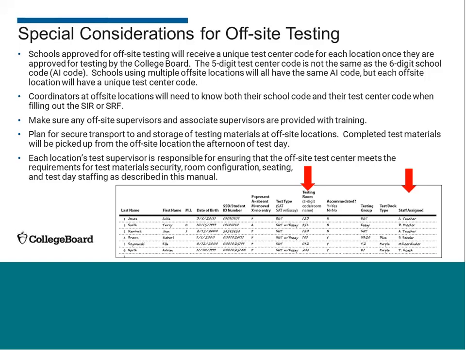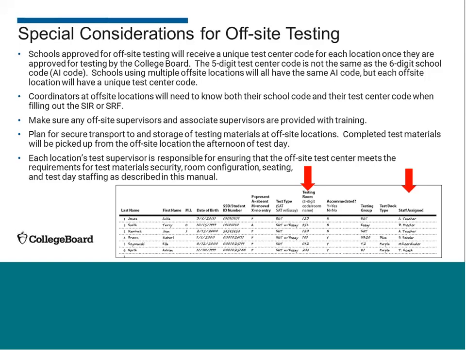However, you'll get an approval, and for that site, you are going to have a test center code in addition to your AI code. So your AI code is going to be the same for your school and your off-site testing location. That just represents the school that is overseeing testing. But if you have off-site testing locations, you will also have a test center code for each location.